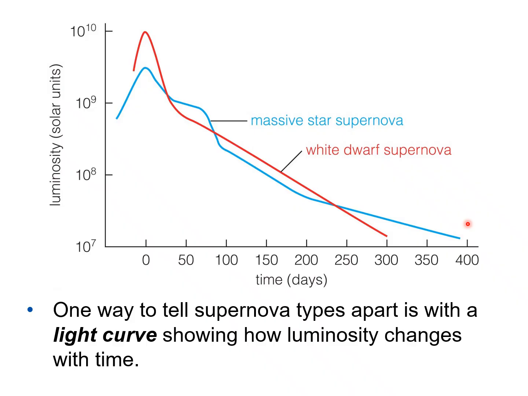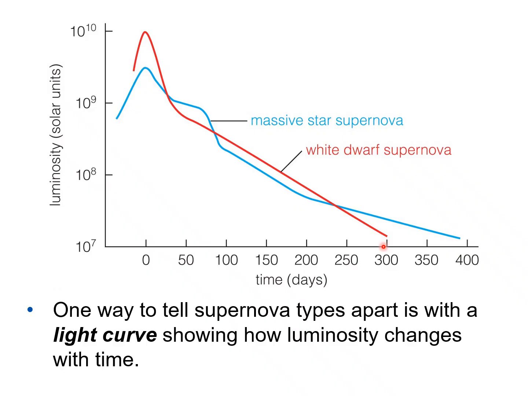A white dwarf supernova, on the other hand, in the red curve, is much more dramatic. It can be much brighter. 10 to the 10th, so we're talking roughly 10 billion times the luminosity of the sun, which is going to be comparable to the luminosity of an entire galaxy. And it'll have a sharp decrease and then eventually peter off right there.